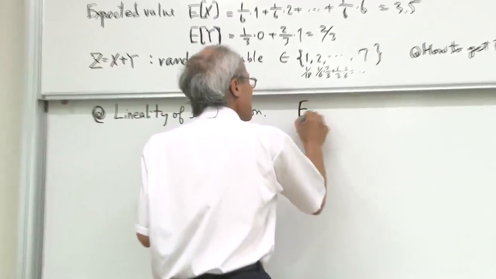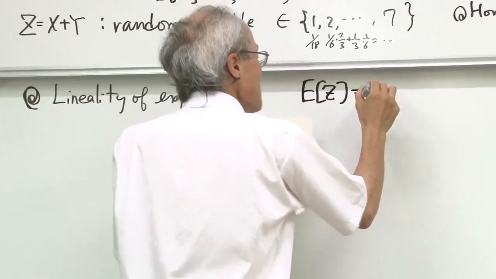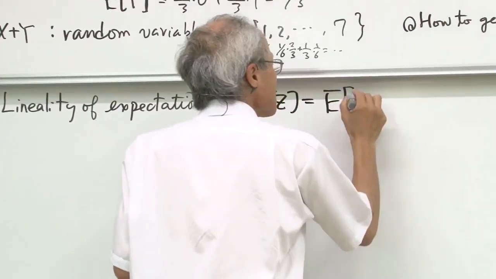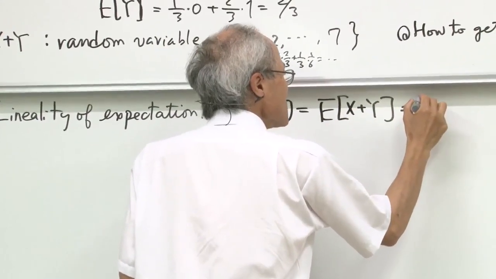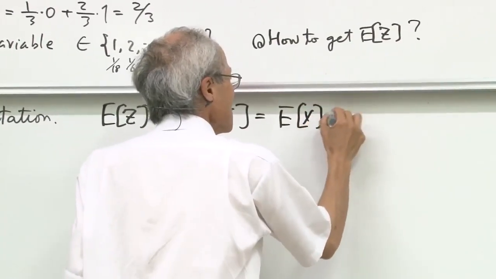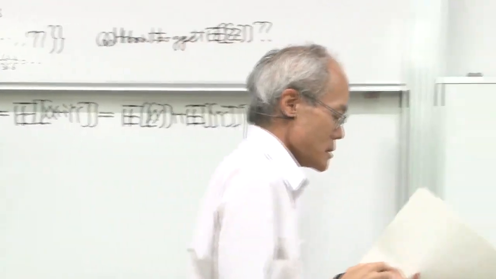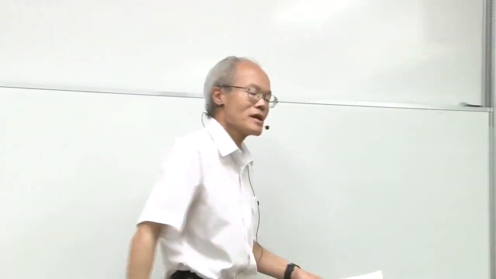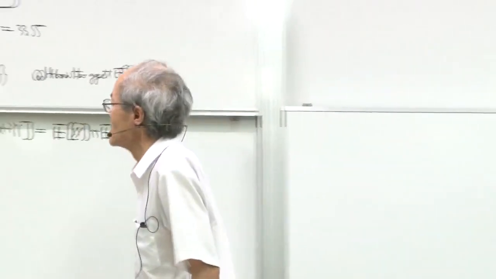The expected value of z is equal to, of course, the expected value of x plus y, which is, this is important, the expected value of x plus the expected value of y. This is very important.